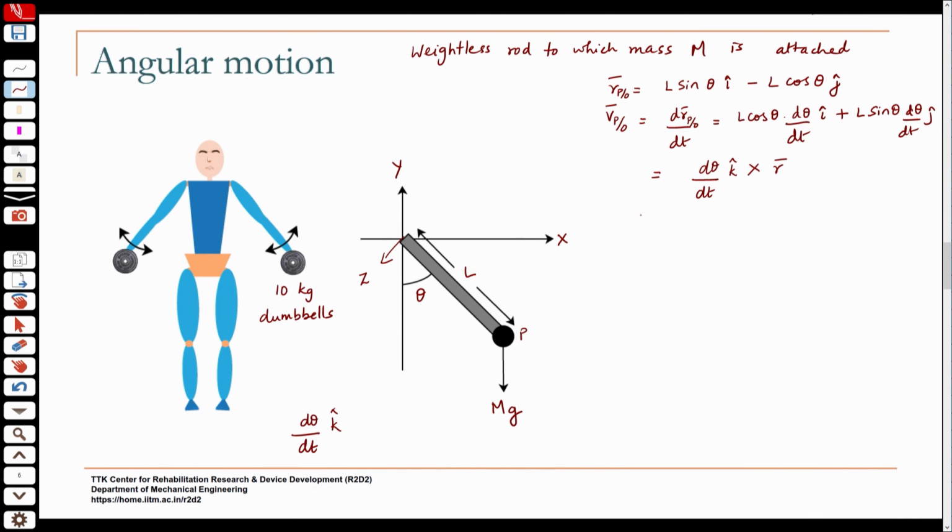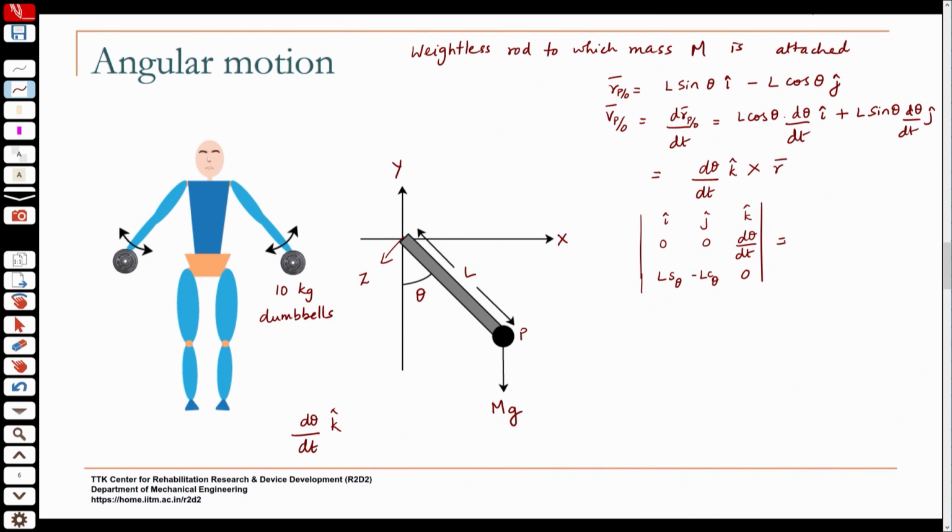So, if I do the cross product i j k, this is 0 0 d theta by dt, and this is L sin theta, minus L cos theta and 0.